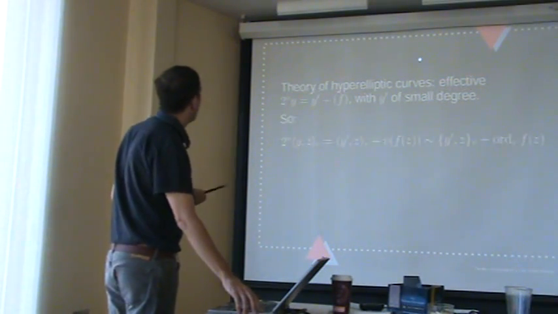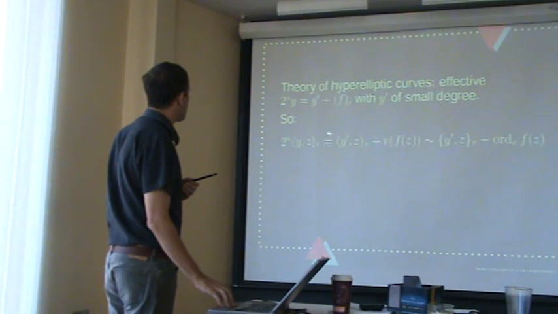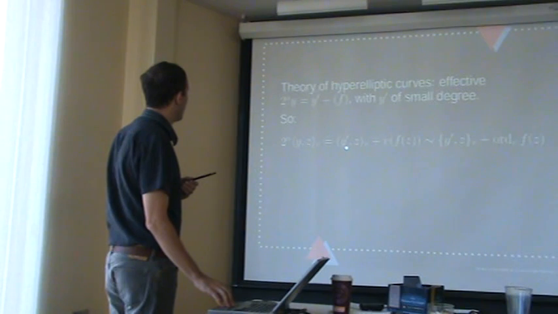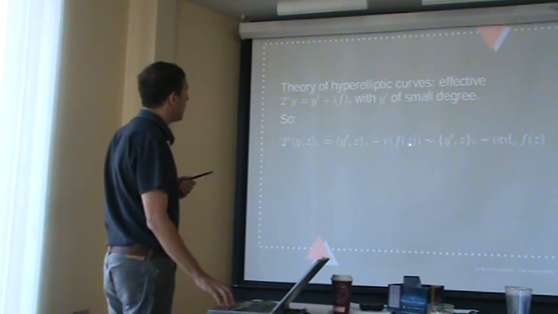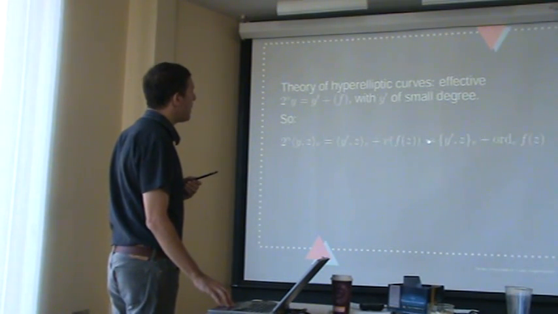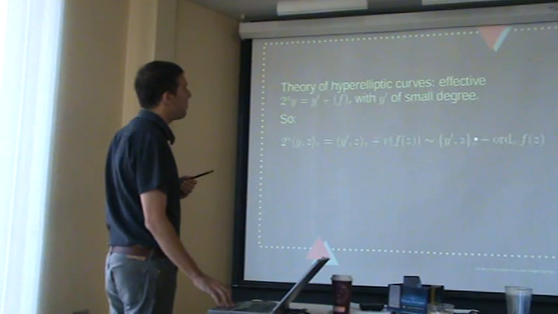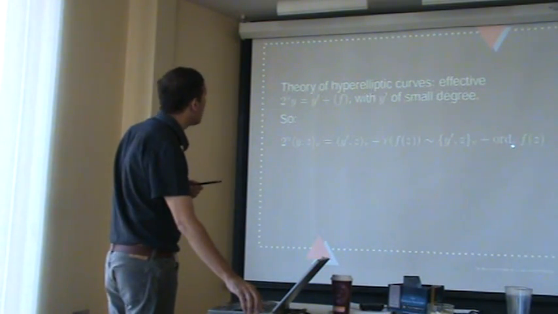And then you see that everything here is bilinear. So 2^n times the local intersection of Y and Z is the local intersection of Y' and Z, plus the valuation of f at Z. This is approximated by the naive intersection plus v(f(Z)).